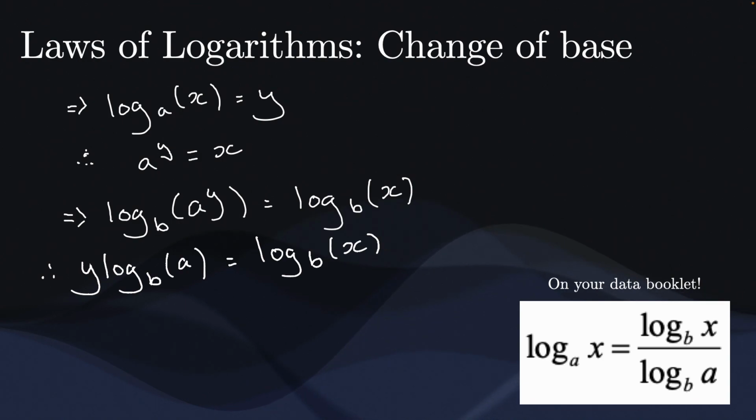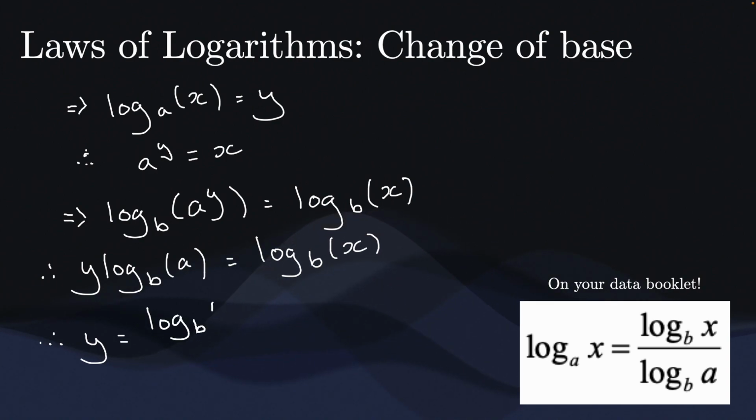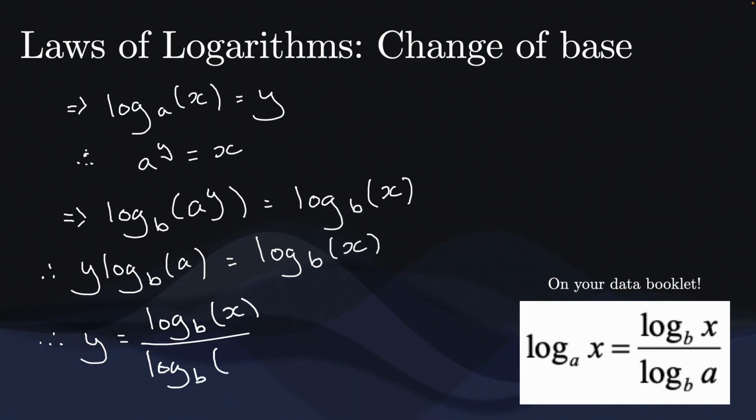And what that lets us do is, well, therefore y is equal to, just rearranging, log base b of x divided by log base b of a. Up here, what did we say y was equal to?